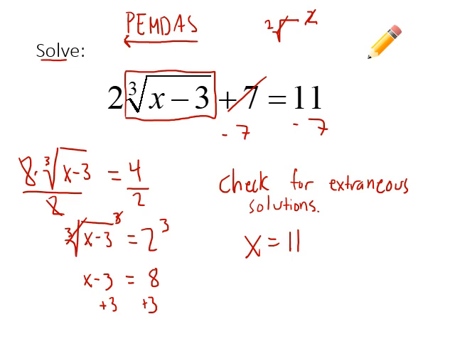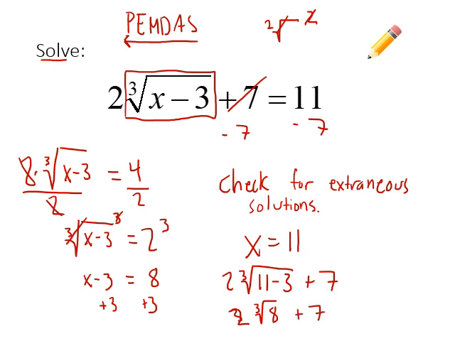Well, if I look back to my original problem, if I put 11 in for x, 2 cube root of 11 minus 3 plus 7, that has to equal 11. Well, 11 minus 3 is 8, so 2 times the cube root of 8 plus 7.